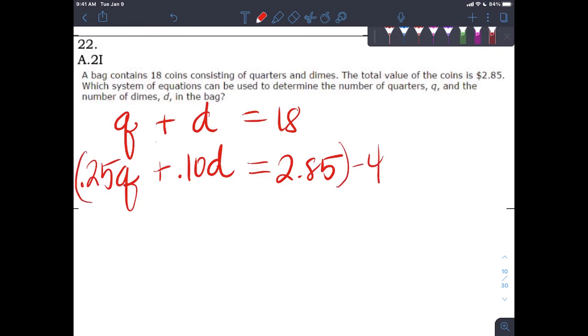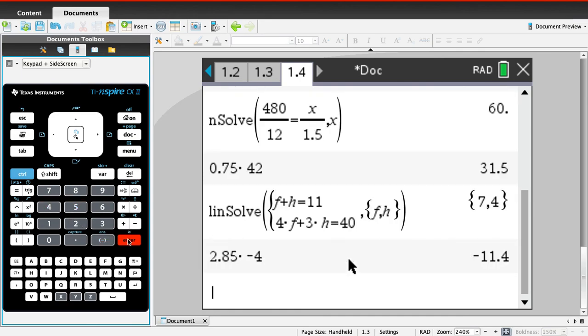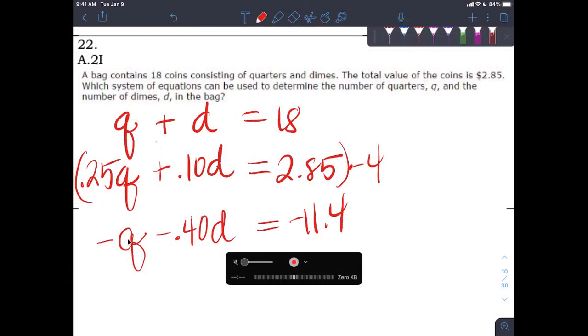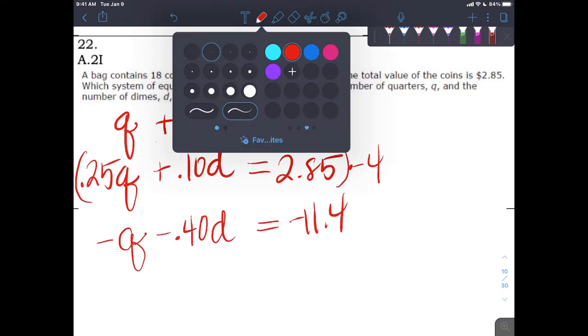So let's do this. Multiply by -4. So negative q minus 0.40d equals, and I'll go ahead and use my calculator for that part, 2.85 multiplied by -4, -11.4. All right. So now I can take a look at these two equations and I can add them together.